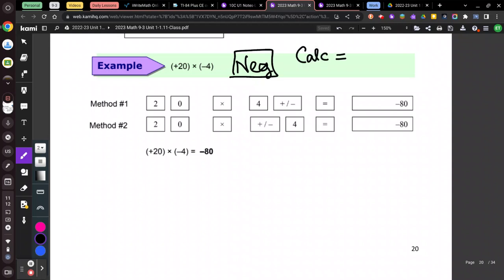I would go 20 times 4 equals, and then I would put a negative in my answer. I would say my answer needs a negative sign, and then what's the answer to 4 times 20? It's 80. So I know my answer is going to be negative. I stick it on there, but I don't need to confuse my steps on the calculator with all the negatives.